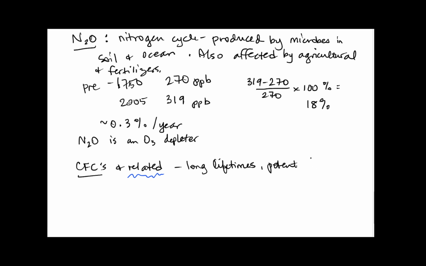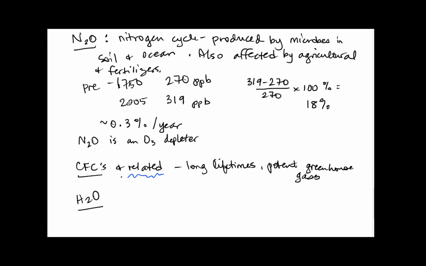I don't have numbers here. But this underlines the importance of making sure that people are recycling refrigerants properly so that the refrigerant gases can be reclaimed and sequestered or turned into something else, just to make sure that we don't release them all over the place into the atmosphere.